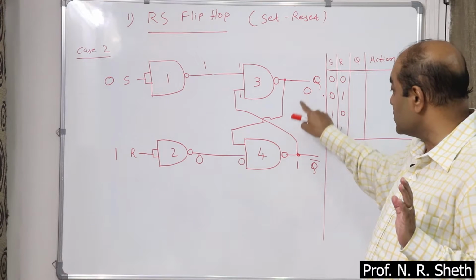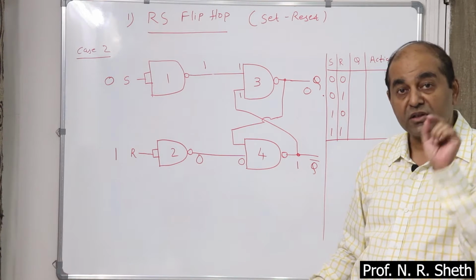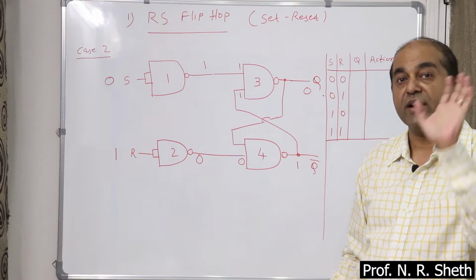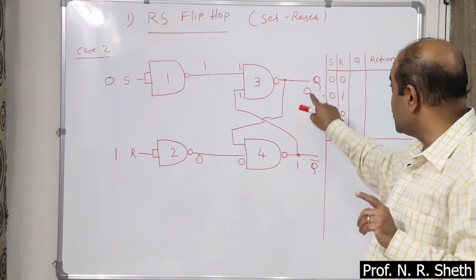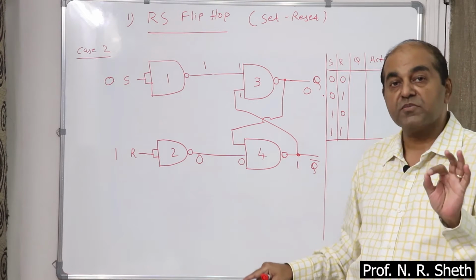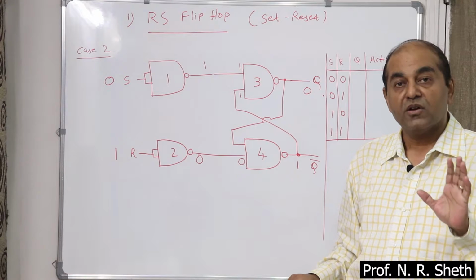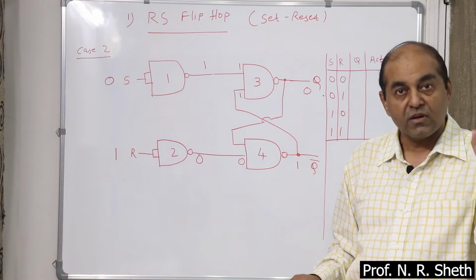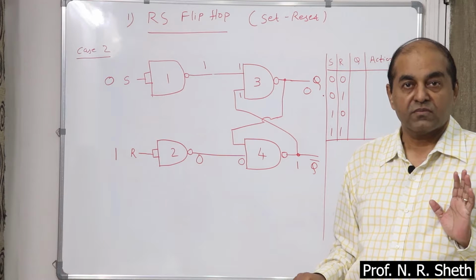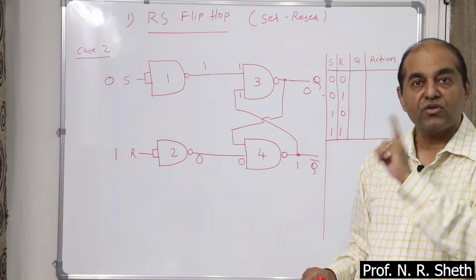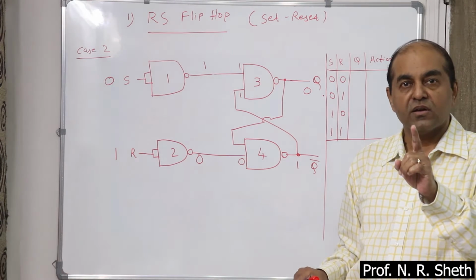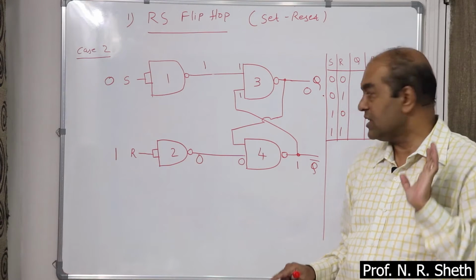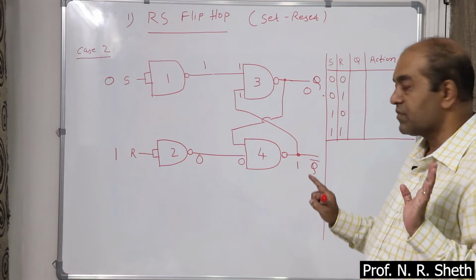If Q is 0, Q bar is 1, then this state of the flip-flop is valid. If Q is 1, Q bar must be 0. If Q and Q bar both are the same, it is an invalid condition. So Q and Q bar must be complement of each other, and that is here 0 and 1.